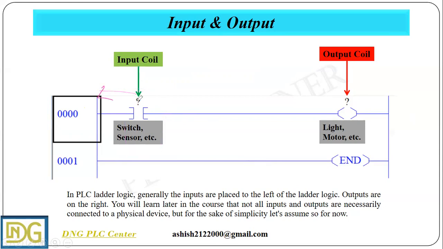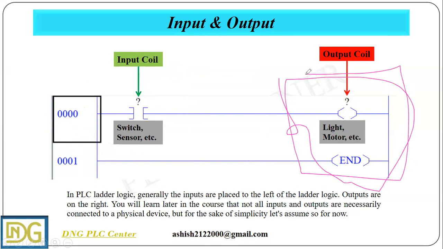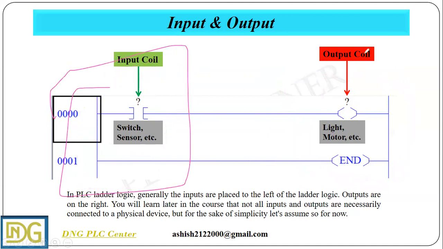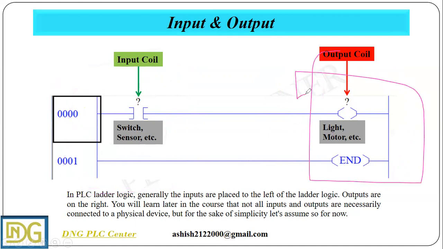On the right side you must add the outputs. This is the right side and this is the left side. On the left side you add our inputs, and on the right side you connect our outputs. As you can read, outputs are on the right side.